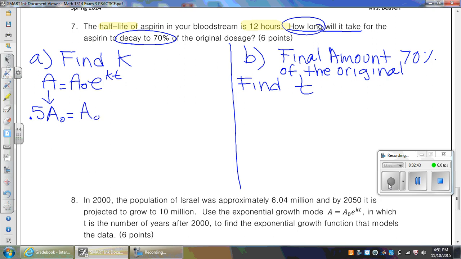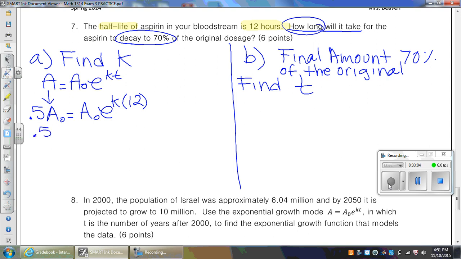The original is just the original; we don't even know what it was. And we know that it took how long to get to half of the original? 12 hours. And we did problems like this today, right? You should be able to solve them. So I'm just going to solve it quickly.